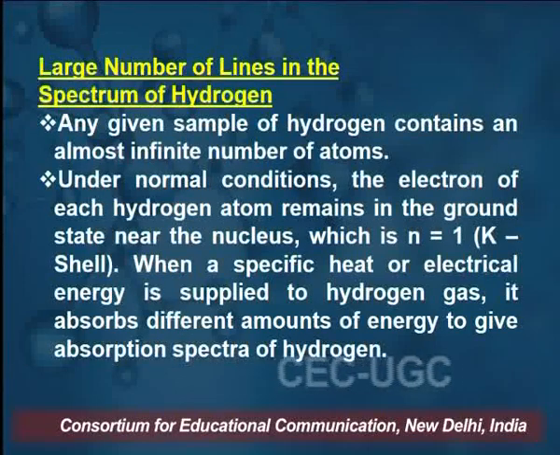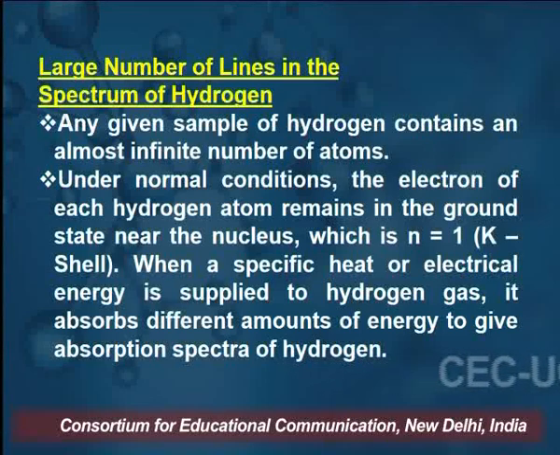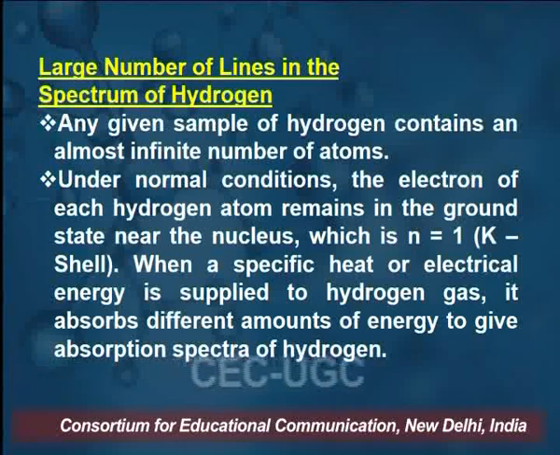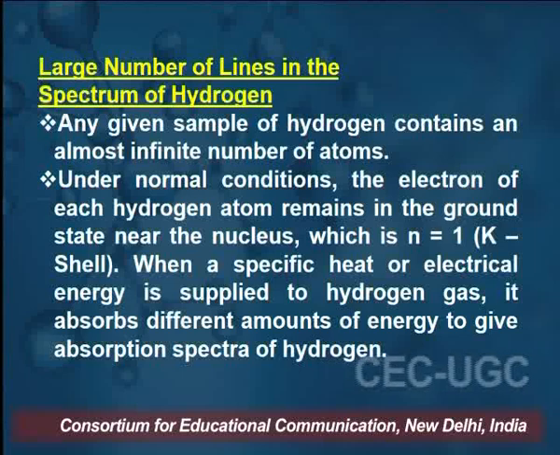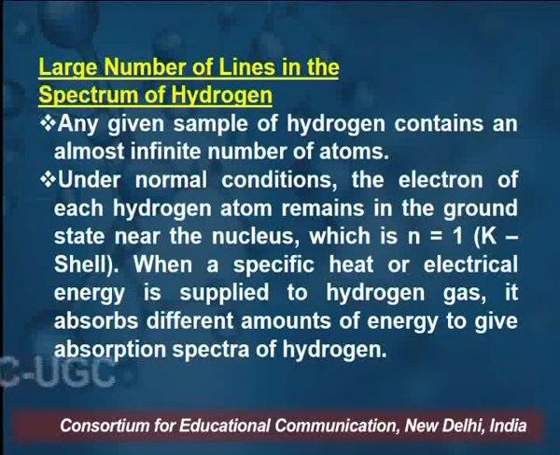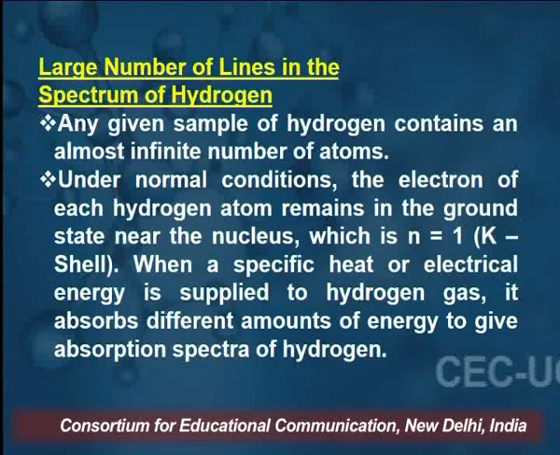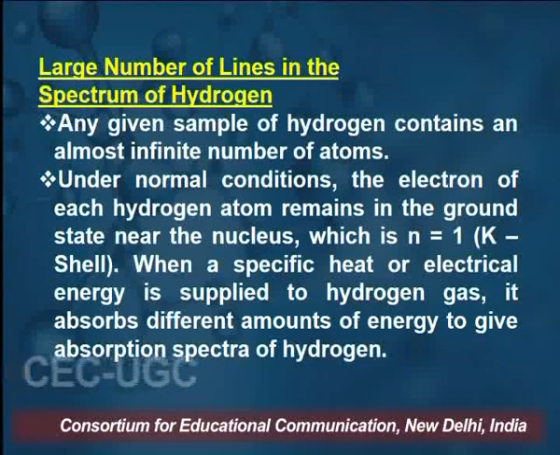But we observe a large number of lines in the spectrum of hydrogen. Any given sample of hydrogen contains an almost infinite number of atoms. Under normal conditions, the electrons of each hydrogen atom remain in the ground state near the nucleus, which is n equal to 1, or we can say the K shell.